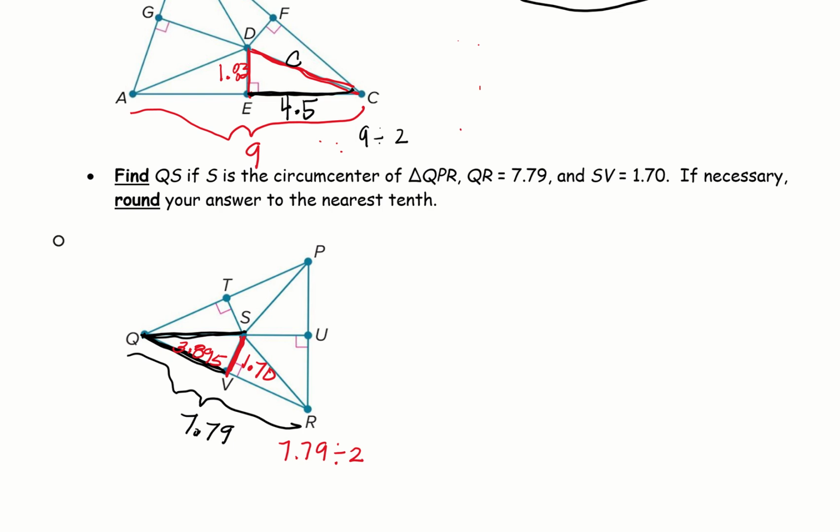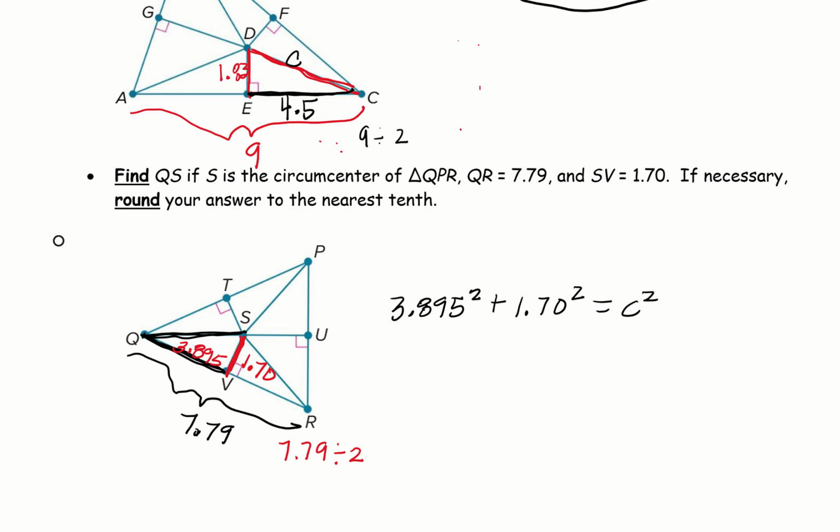So I'm going to write that down, 3.895. Okay, so now that I know that, I can use the Pythagorean theorem, because if I square 3.895 plus 1.70 squared and set that equal to c squared, I can find that missing value. So take a second with your calculator and put in 3.895 caret 2 plus 1.70 caret 2, meaning squared.